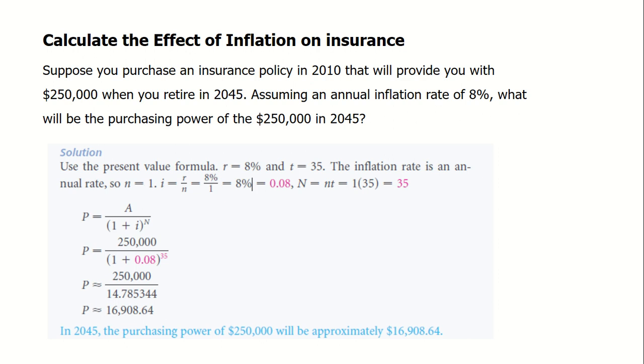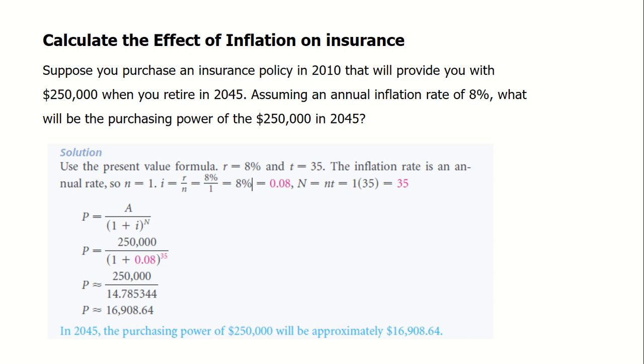And you will realize that your $250,000 will only have a purchasing power equivalent to $16,908.64 due to inflation. Okay?